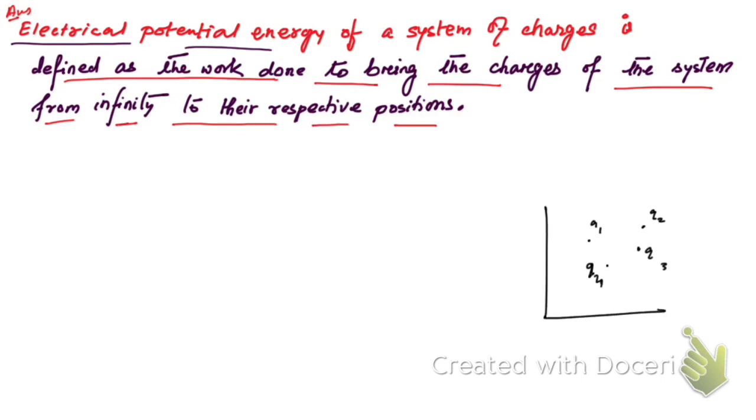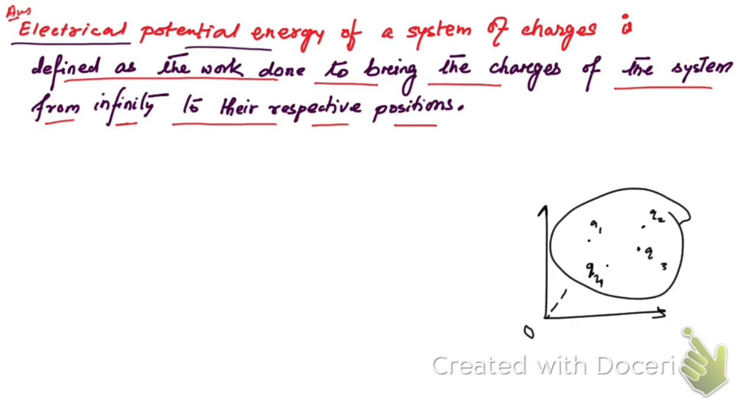With respect to origin O, their position vectors are respectively r1 and r2 and r3, and so on. So what will be the electrical potential energy of the system of these charges?